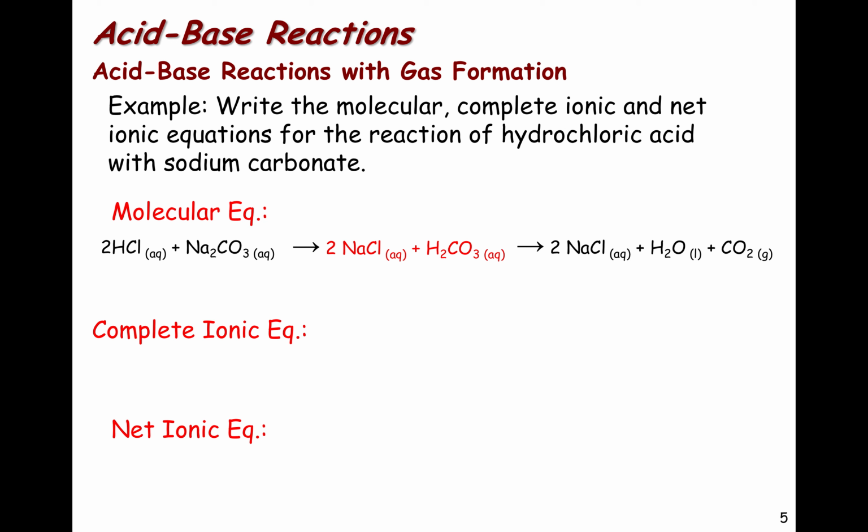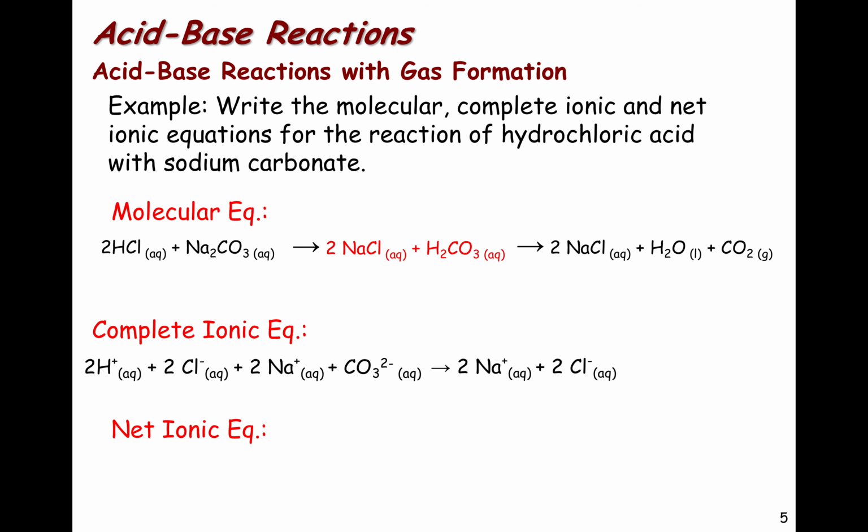If we then take all of the ionic species, the strong electrolytes, and break them into their component ions, so the HCl is dissociated into H plus and Cl minus. The sodium carbonate, being an ionic compound, is a strong electrolyte as well.